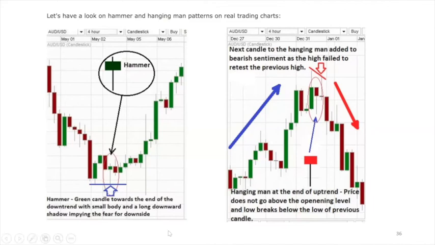So if that particular hangman's wick penetrated that support, that gives you the indication that the wall is broken, giving you a significant sign the price is going to go bearish.